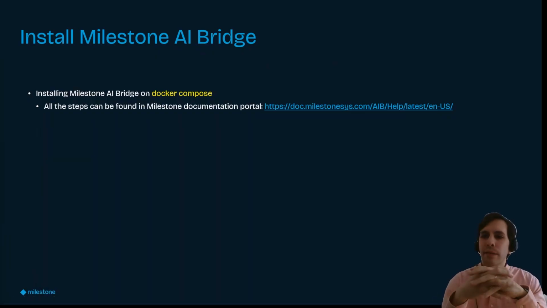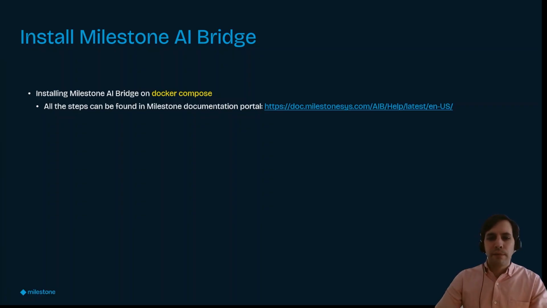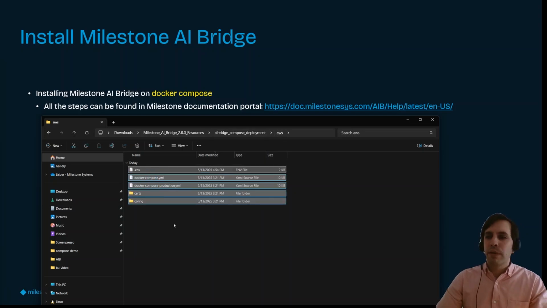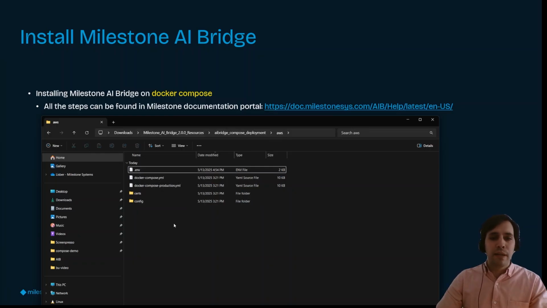Now that we have seen the usage of the two Compose files, we are ready to start deploying AI Bridge on a Docker Compose installation. For that matter, I would like to reinforce this idea on the AI Bridge Compose deployment folder that has an AWS subfolder, because this is exactly all that we need to deploy the AI Bridge on a Compose installation.